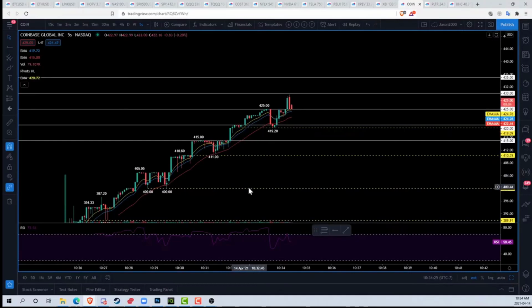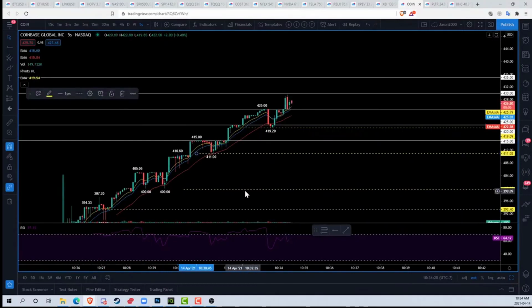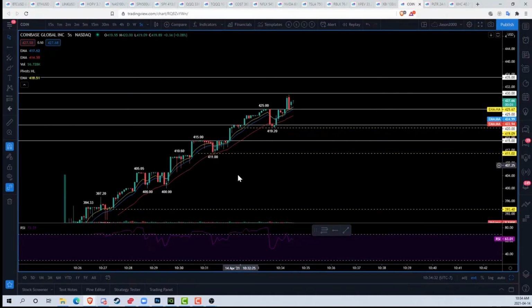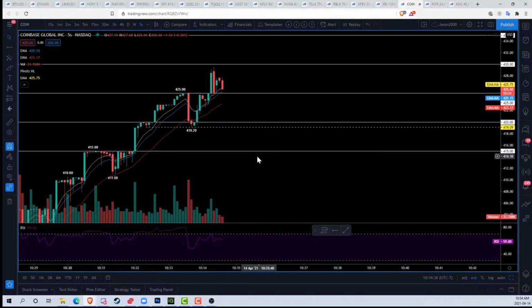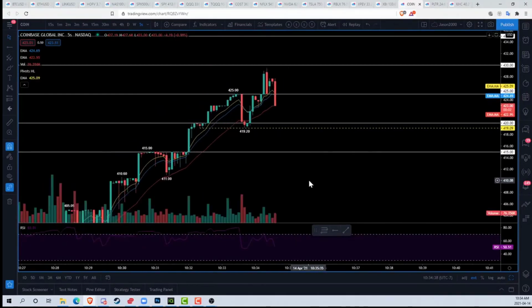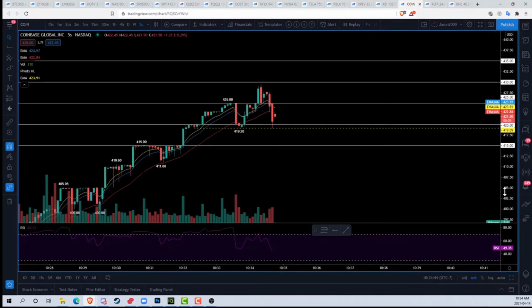So keep walking up. Let's clear our charts a bit. We'll come back and adjust these if we need to. Oh, I've lost my delete button. Following 419.20 is our double bottom at this point. Don't want to see that being lost.